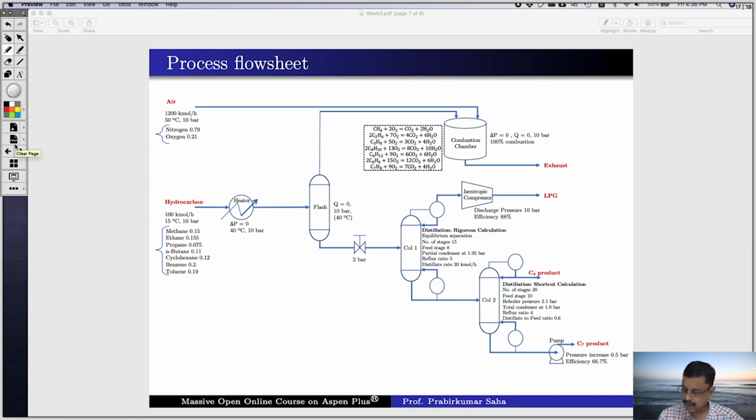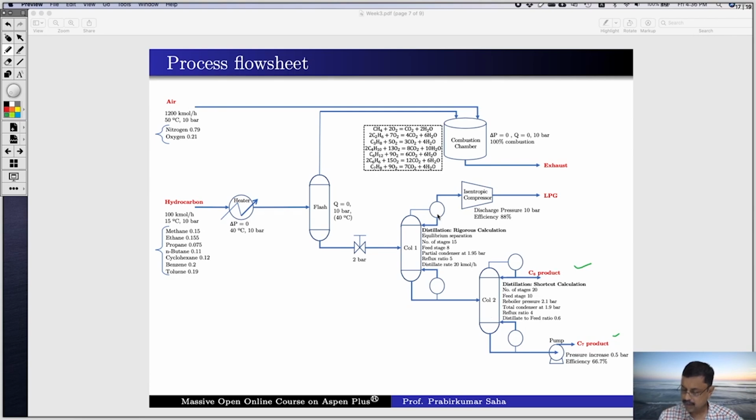The LPG is being formed by passing the vapor distillate from column 1 through the isentropic compressor, while the bottom product of column 1, which are essentially C6 and C7 products, are again passed through column 2, and these are the condensers.